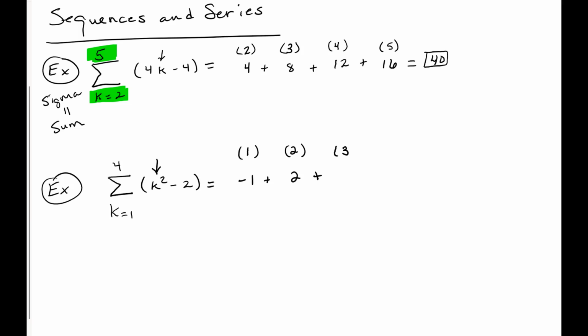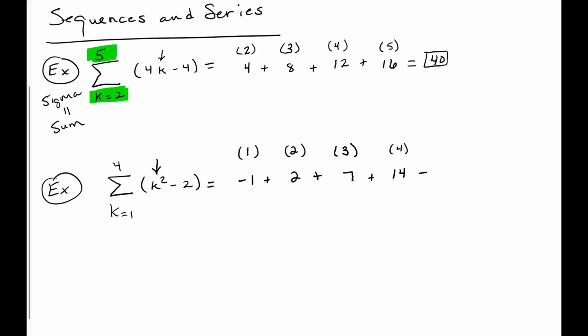Then we're going to plug in the number 3. 3 squared is 9 minus 2, which is 7. Okay, I'm on the right track so far. And then last but not least, our number 4. We're going to plug in 4 squared, which is 16, minus 2, which is 14.